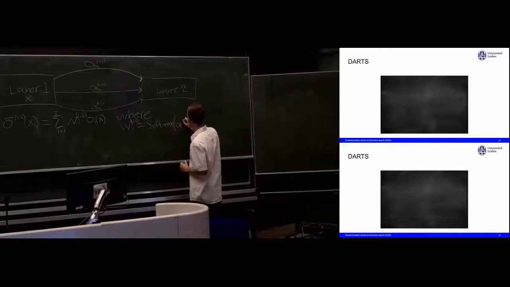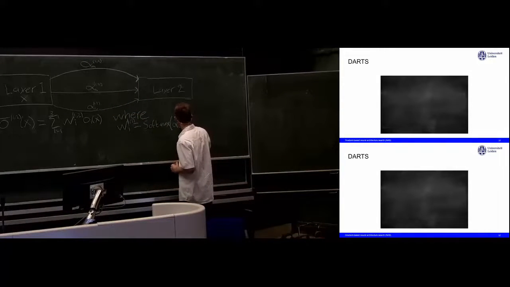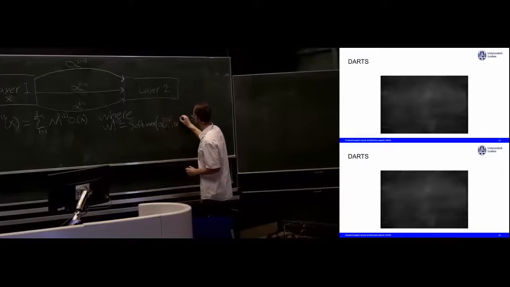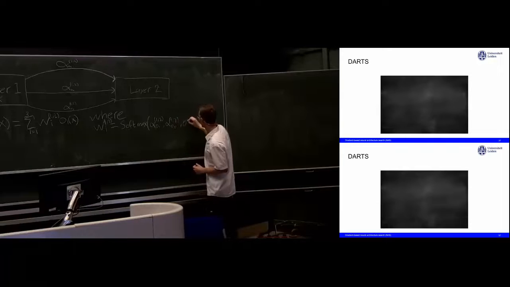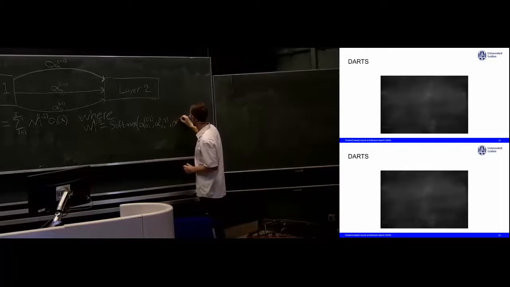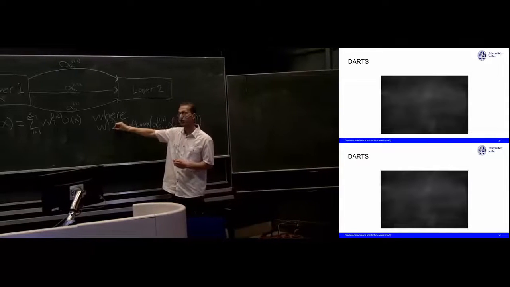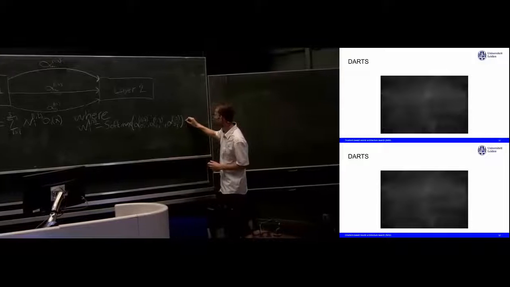So this is A1,2 for operation 1, A1,2 for operation 2, and A1,2 for operation 3. And then we're interested in just the ith component, so this will be the ith entry.